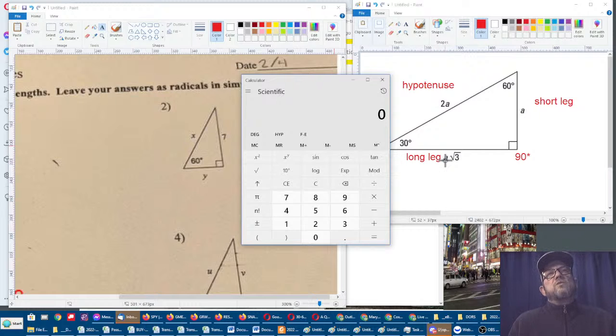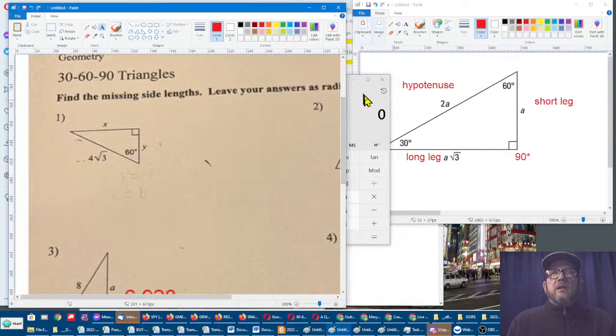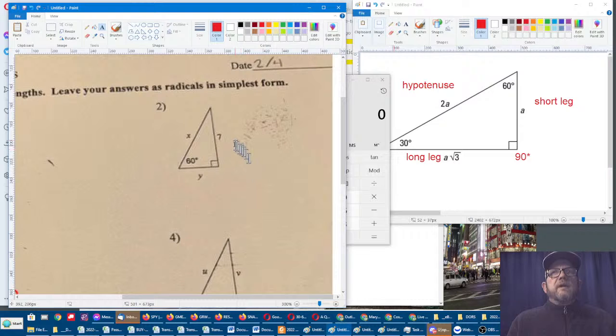That's a tricky one, I'll come back to it. Oh no, that's easy. Because the long leg is the result of multiplying the square root of 3, which is 1.73 etc., times the A. So you have to rewrite it.